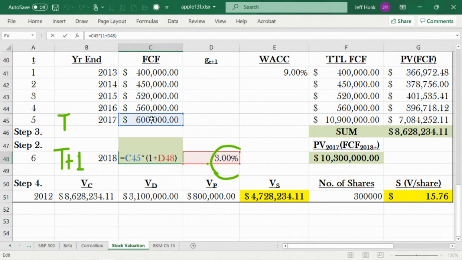We have free cash flow of time capital T, and by compounding it, multiplying it by 1 plus this growth rate, we can generate the forecast of free cash flow at time t plus 1.